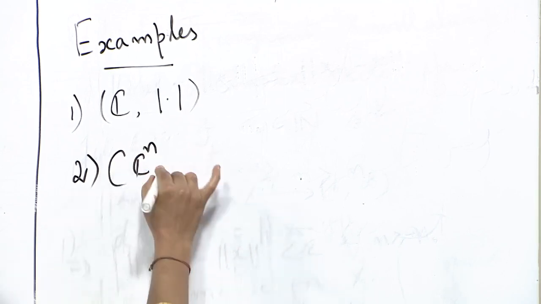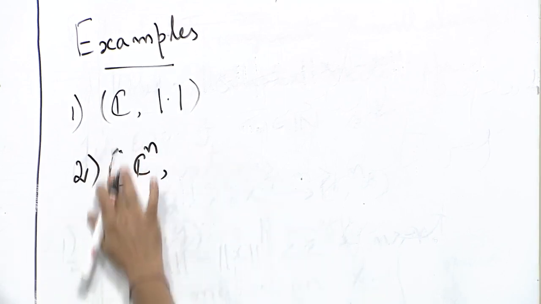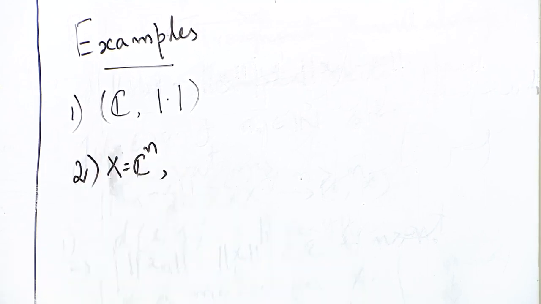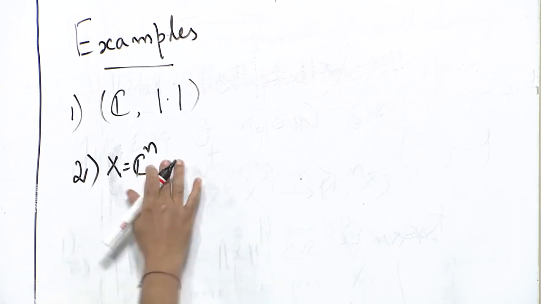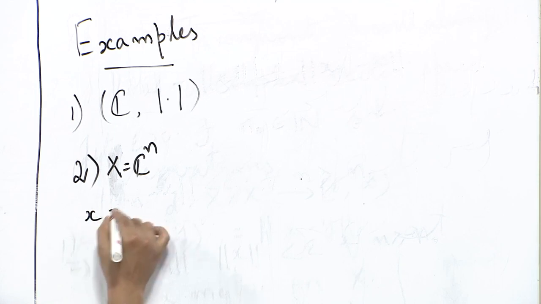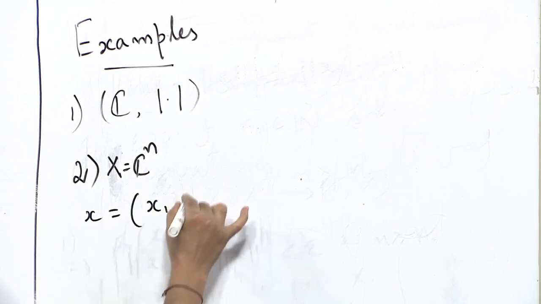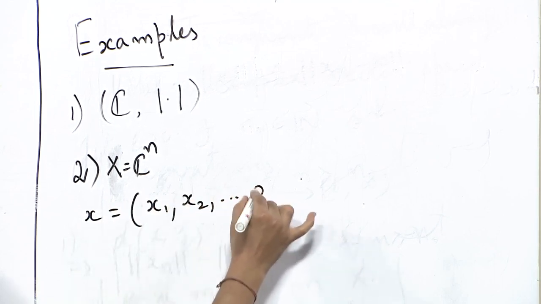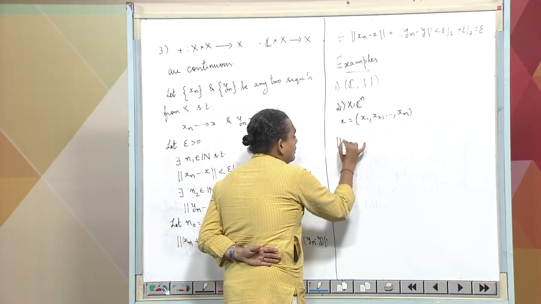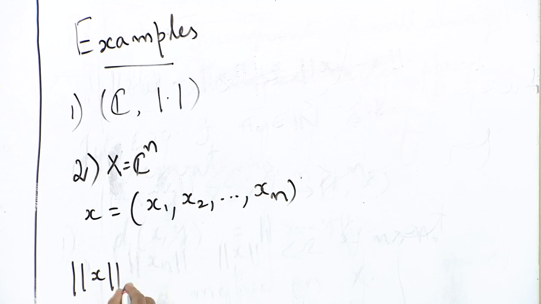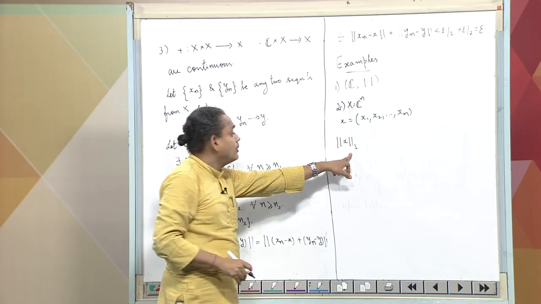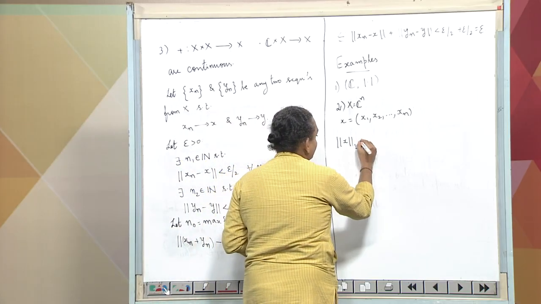You look at C^n and we are going to define a norm. So, the space here is X equal to C^n, and then let us define a norm here. So, how are we going to do it? If I choose an x, it will be an n-tuple x_1, x_2, up to x_n. So, let us define the norm with a 1 here. Why this 1 will be clear soon once I define more examples.